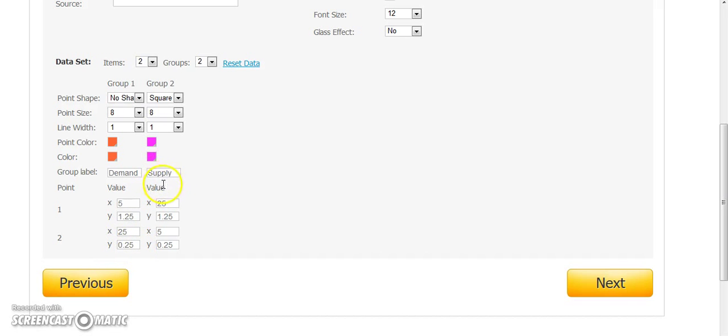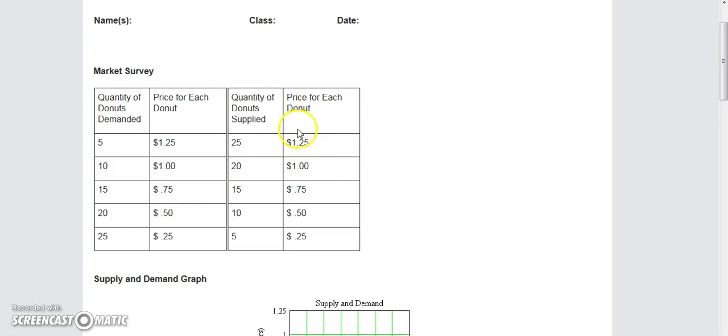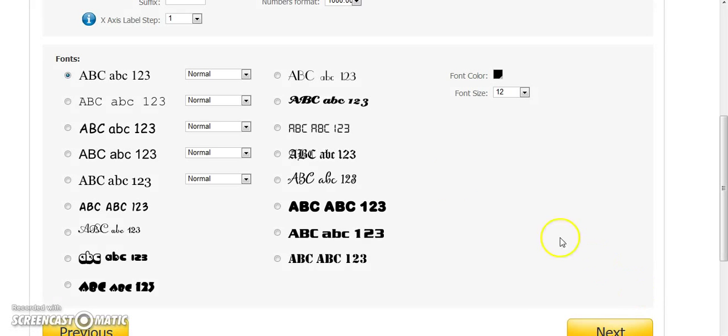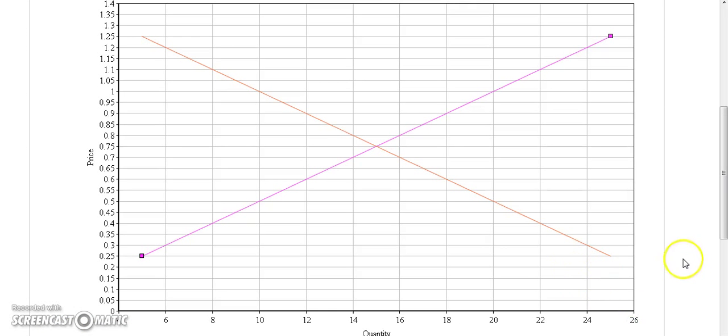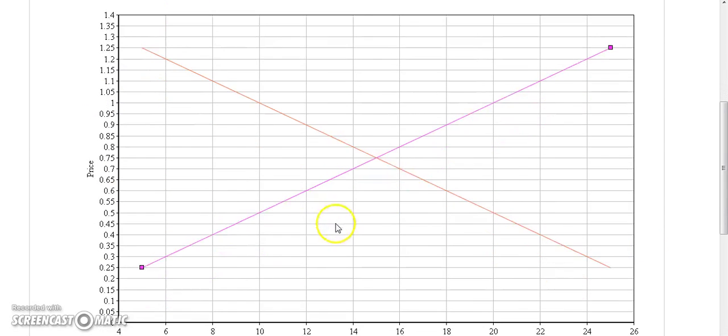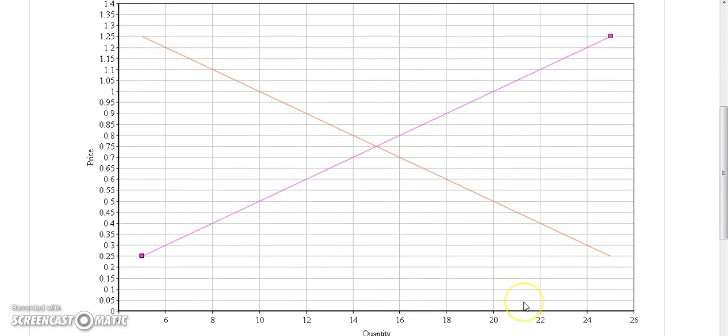Then you enter in your supply. Again, refer to the chart right here to get your data. And you want to make sure you're choosing the same points or all of them. Okay, once that is done, just hit next. All this is fine, and then we've got our curve. So you can see that we've got all of our prices here and our quantity down here.